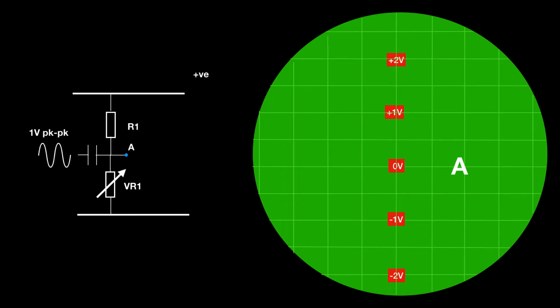So with VR1 turned right back, so it's effectively a short circuit or 0 ohms, then if we apply 1 volt peak to peak on the other side of that capacitor, we will see the swing developed around the 0 volt line. In other words, the 1 volt peak to peak signal will go plus half a volt and minus half a volt, and you can see that on the screen.